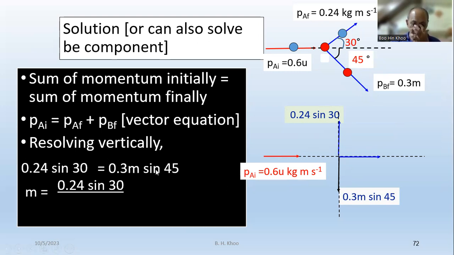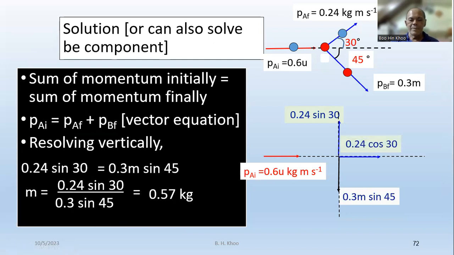Take 0.3 sin 45 downwards. Using a calculator, calculate our mass. Right, we can resolve it. If we are required to find u, we can resolve this one into a horizontal component, which is that one there, and then resolve this one into a horizontal component.